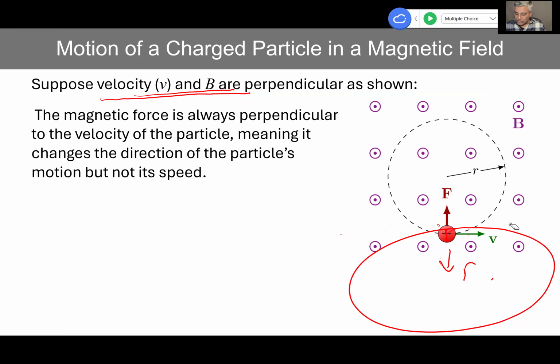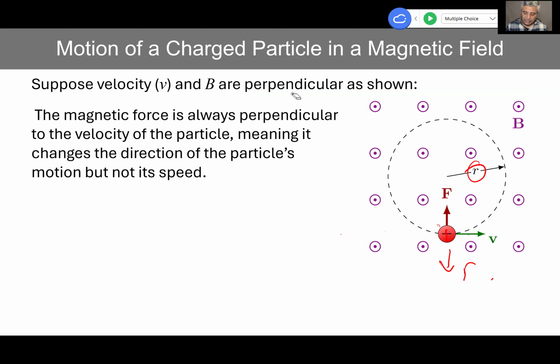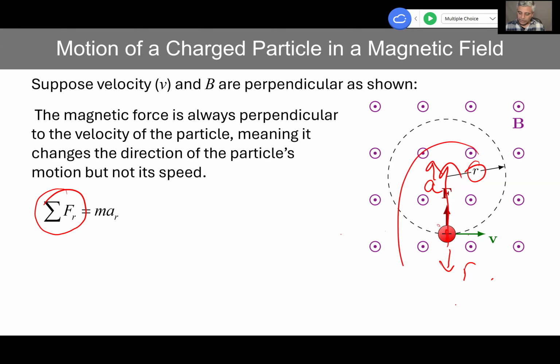So it goes in a circle, and let's say the radius of the circle is that. So that means it's circular motion. And how do we use Newton's second law for circular motion? Sum of forces in the radial direction is equal to mass times acceleration in that direction, right? So force in that direction means acceleration is also in that direction. We use this in circular motion in physics 1.